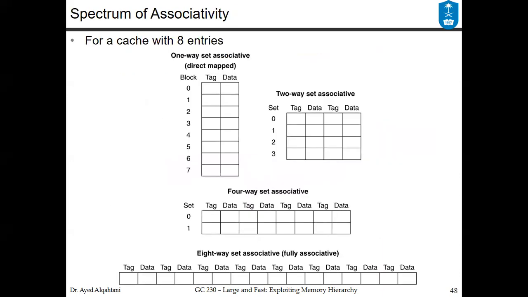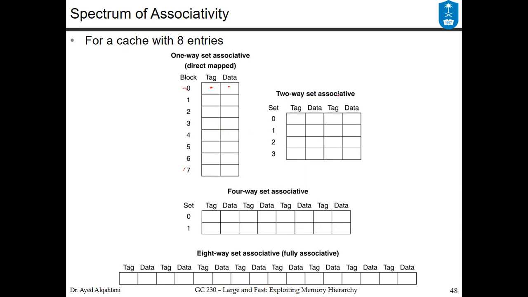Now, to understand the spectrum of the associativity, for a cache with 8 entries, this is similar to the example that we just seen. So a one-way set associative, or the direct map, you will have it this way. So you have blocks from 0 to 7, and you should store the tag and the data.